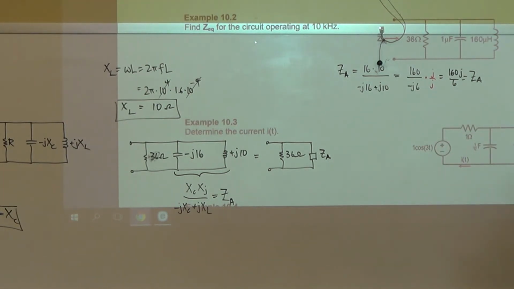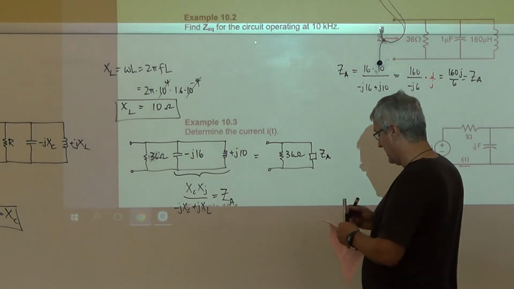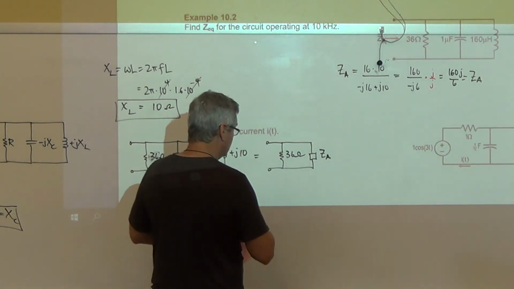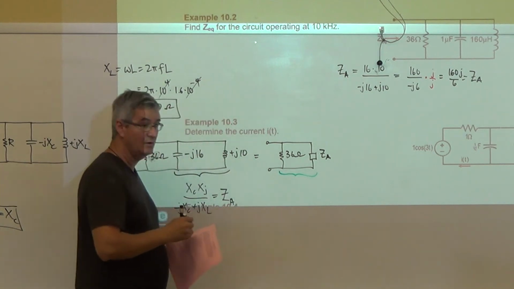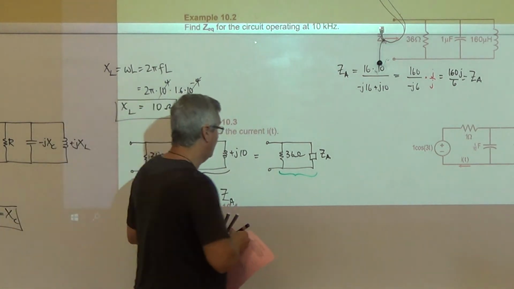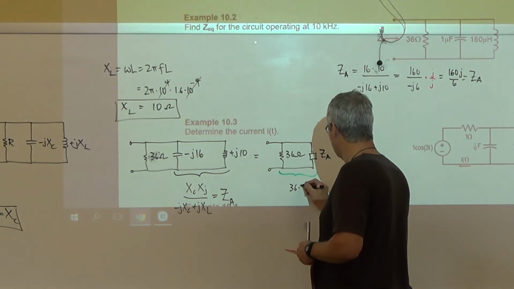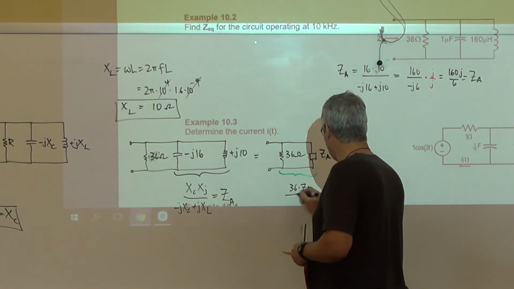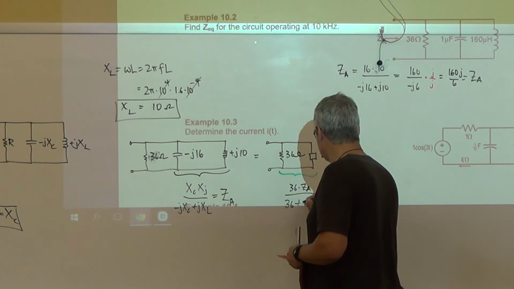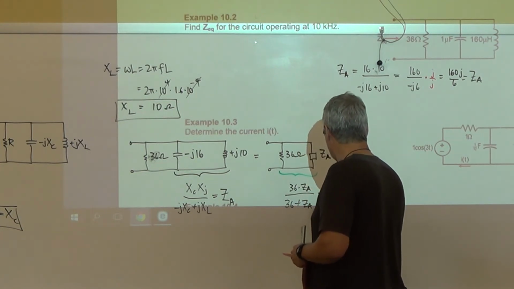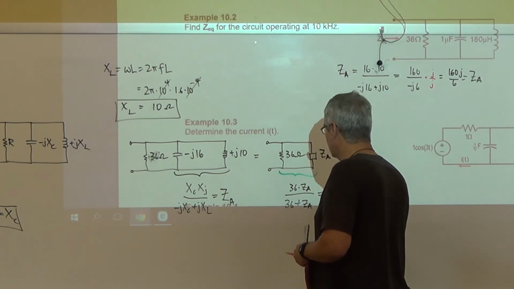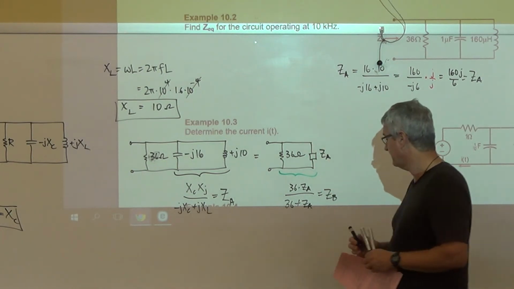So now, what am I going to do next? Now I'm going to do these two. If I do these two, that guy has to be 36 times ZA divided by 36 plus ZA, and I'll call this ZB.